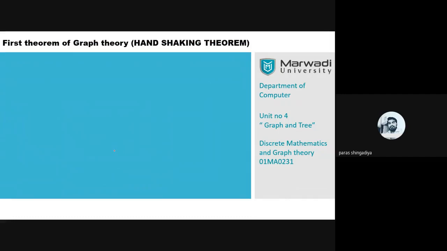So today we'll discuss one well-known theorem of graph theory, because if we invent any theory, it requires some theorems, conditions and properties, and we need to learn those to master this subject. Clear? So the first theorem of graph theory is known as the handshaking theorem.